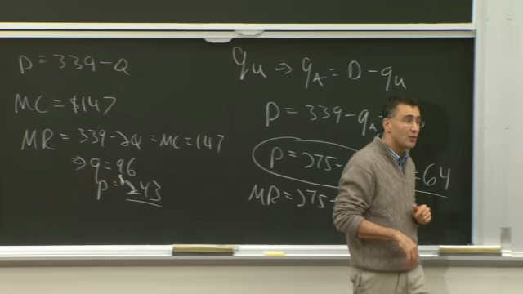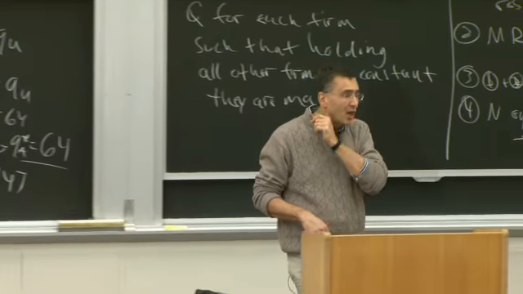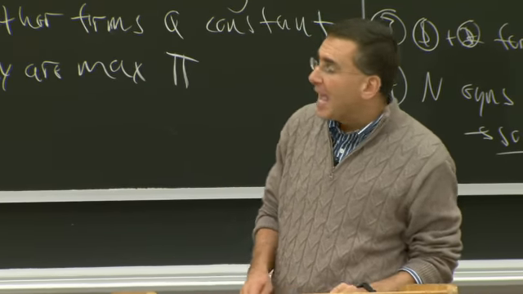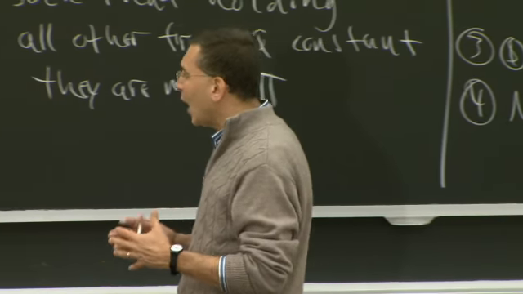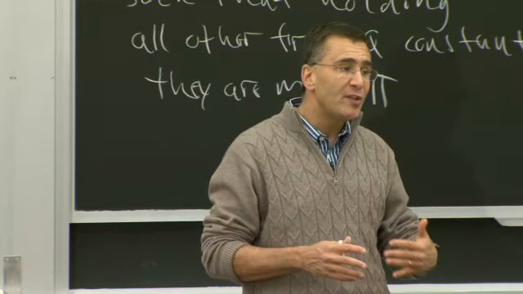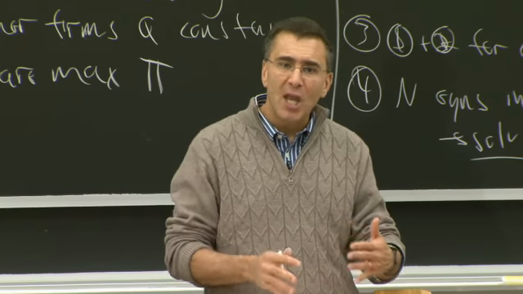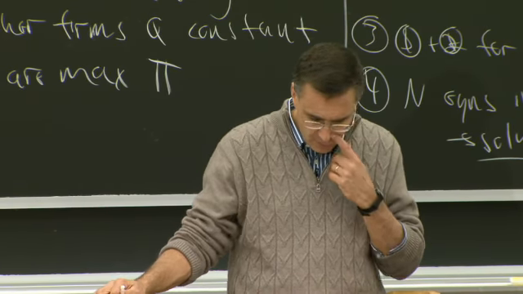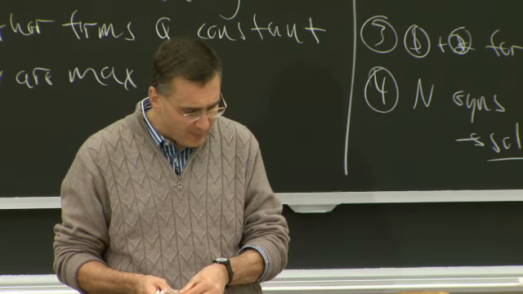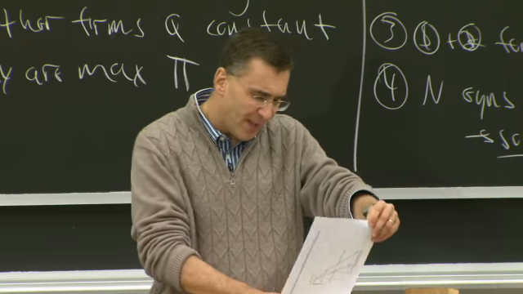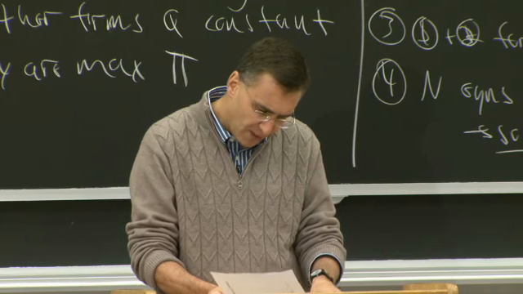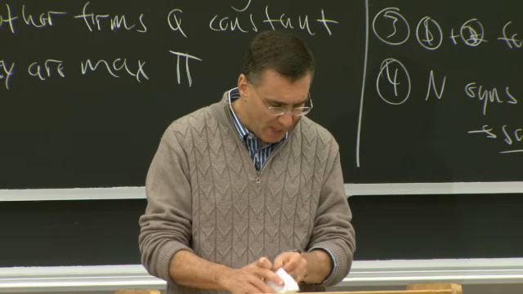They're making a parallel residual demand function and solving as well. Both firms end up with choices of quantities that depend on the other firm's quantity. And in particular, what they're developing is what we call a best response curve.